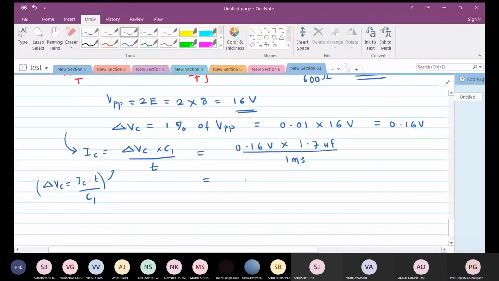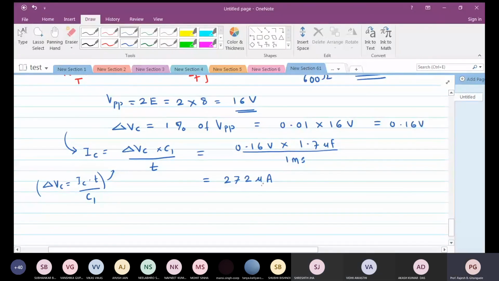Come on. This is the charge. This is the discharge current. It's coming as 0.272 milliamperes, 272 microamperes.